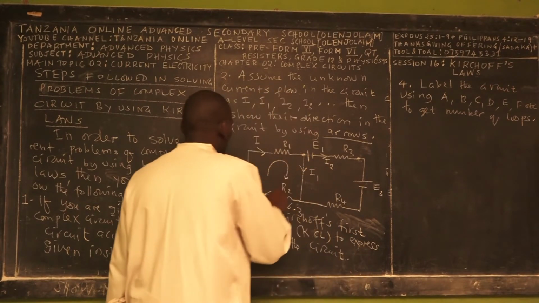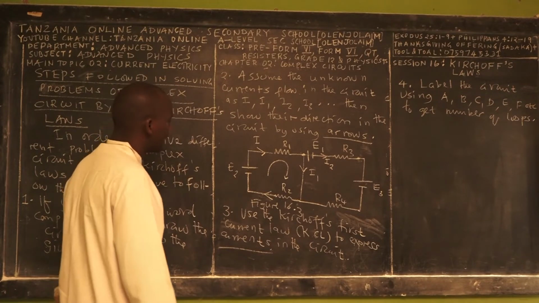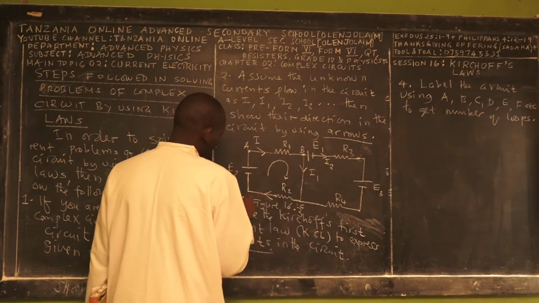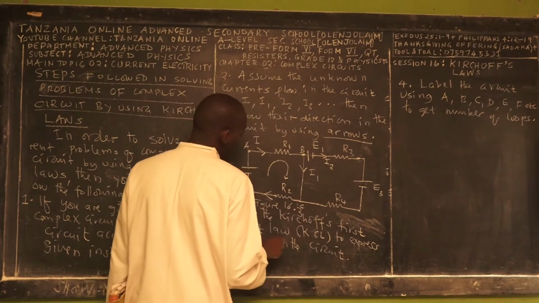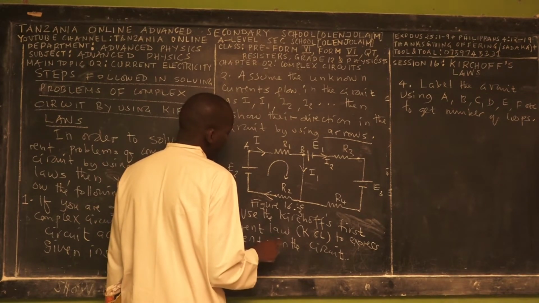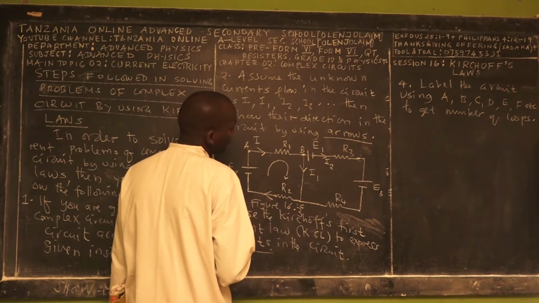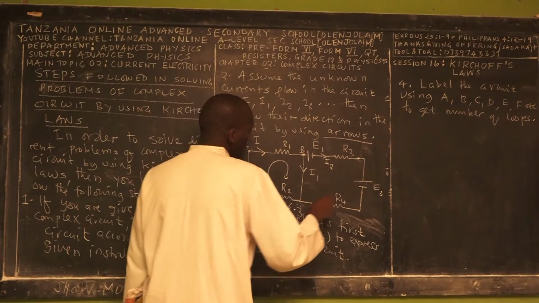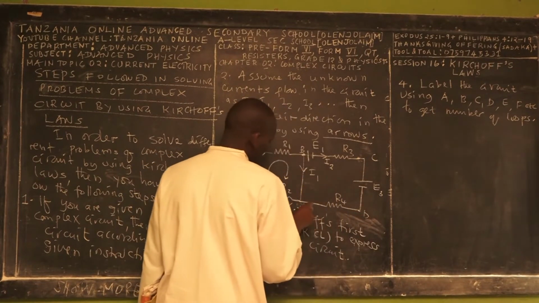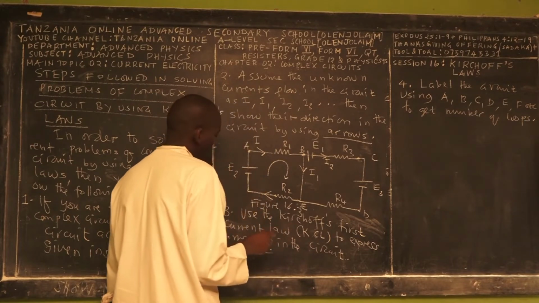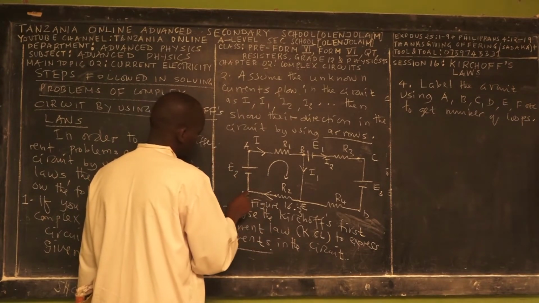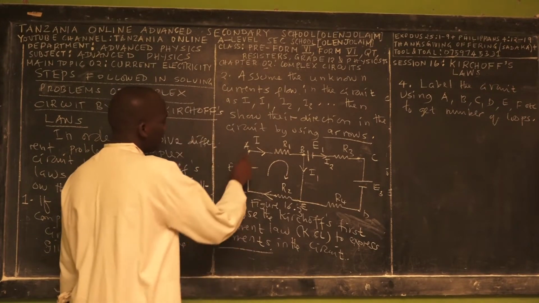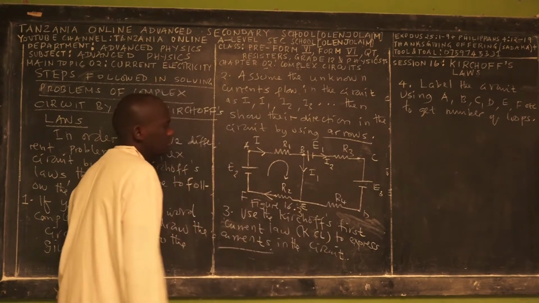What does it mean? In fact, this one is not labeled. So I can decide and say, let me label from here. This is A, this is B, this is C, D, E, F. A, B, C, D, E, F. We've already labeled.